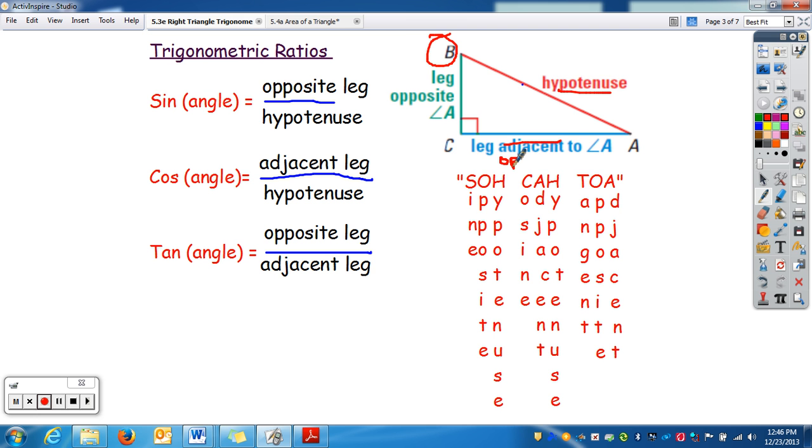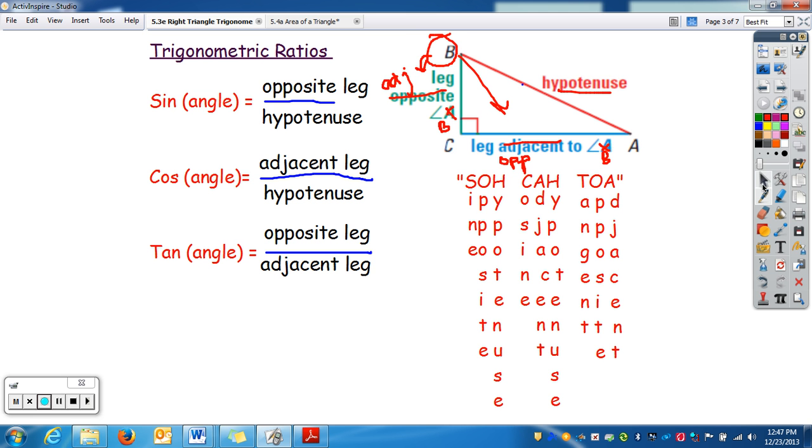So we're just going to write OPP of B, and then this would no longer be opposite, this would be the adjacent leg, so we abbreviate that ADJ of angle B. So again, it depends on which angle you're talking about. Opposite is across, adjacent is next to. If I'm talking about A, this is opposite, that's adjacent. If I'm talking about B, this is opposite, that's adjacent.